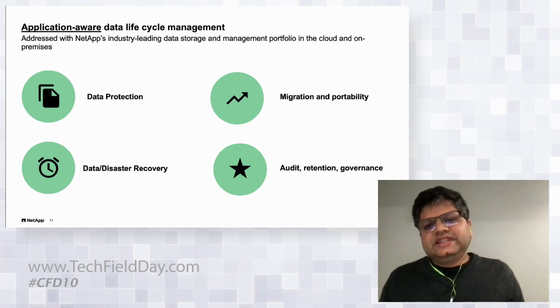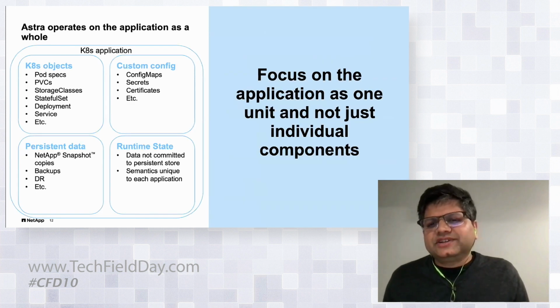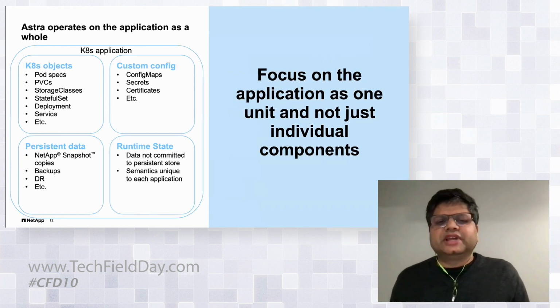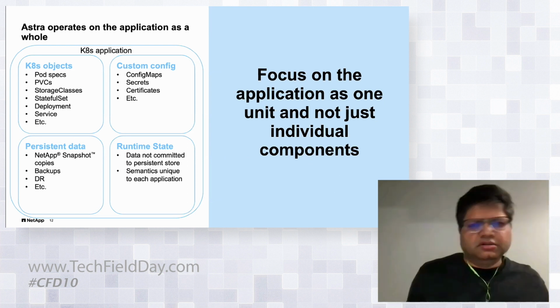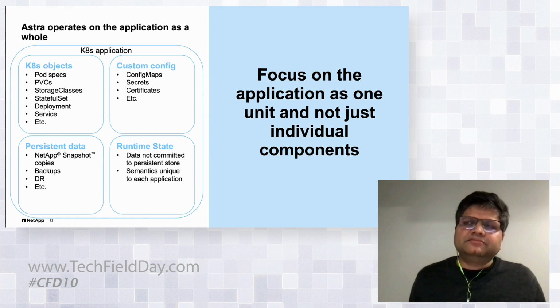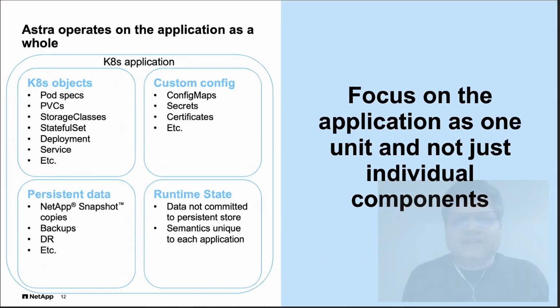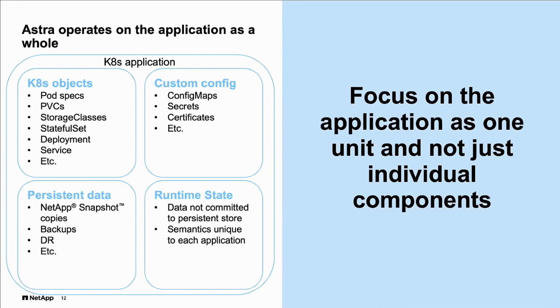So with that, let's focus on what's unique. Astra today operates on the application as a whole. What I mean by that is Kubernetes apps can have lots of things. They can have pods, deployments, stateful sets, daemon sets, config maps, secrets. They all make up an app. A standard Kubernetes app may have like 7, 8 resources, even a small app.